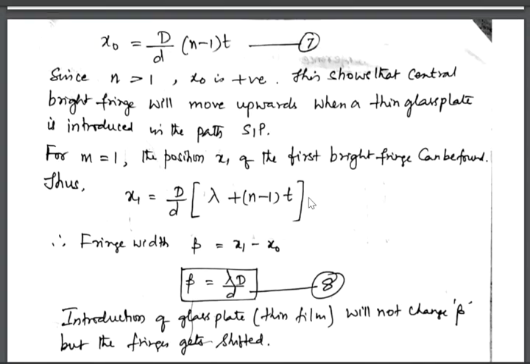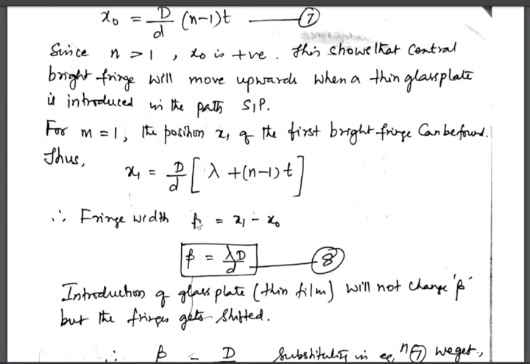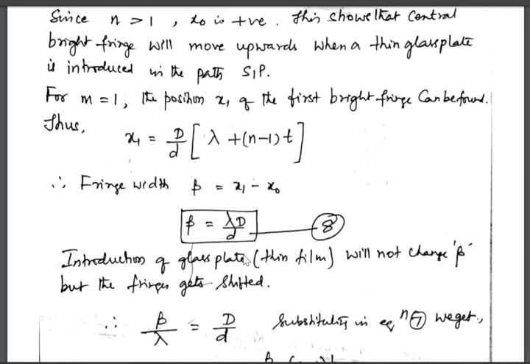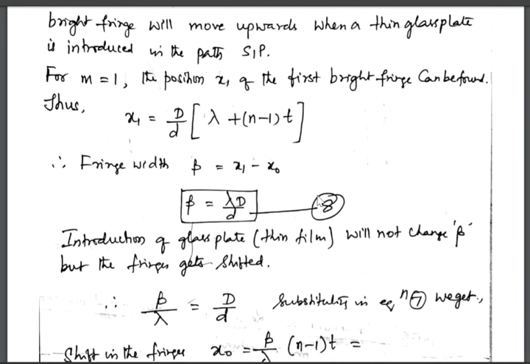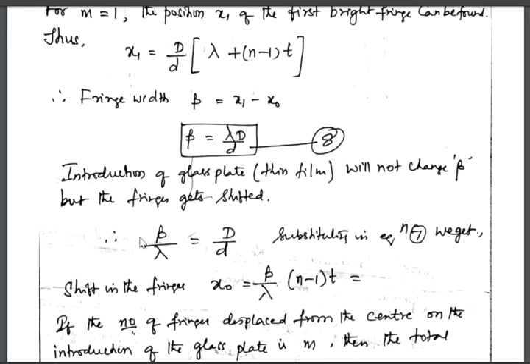Substitute from the above two equations, 7 and this equation, and you will get beta = λD/d, that is equation 8. The conclusion is that introduction of a glass plate, that is a thin film, will not change the fringe width beta, but the whole fringe pattern gets shifted by an amount x0.